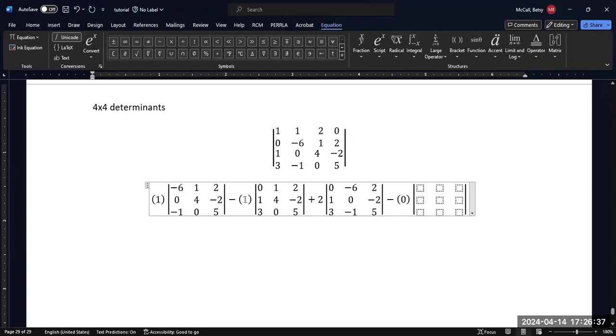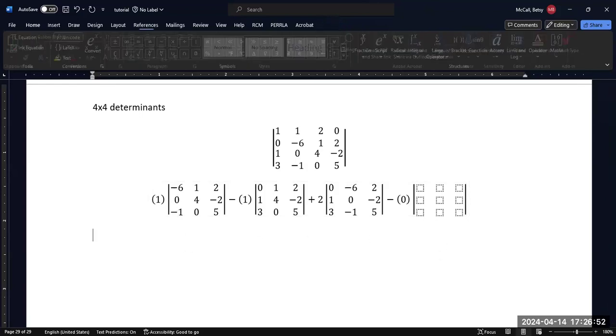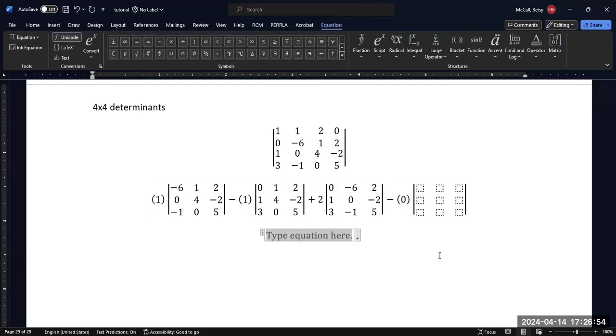Now, obviously the ones here, we don't have to worry about them. Now let's see what we can do to reduce this a little further. We have some zeros we could use to simplify things a little bit. So in this first matrix, I have the 1, I can throw it away. I'm going to expand on this first column.